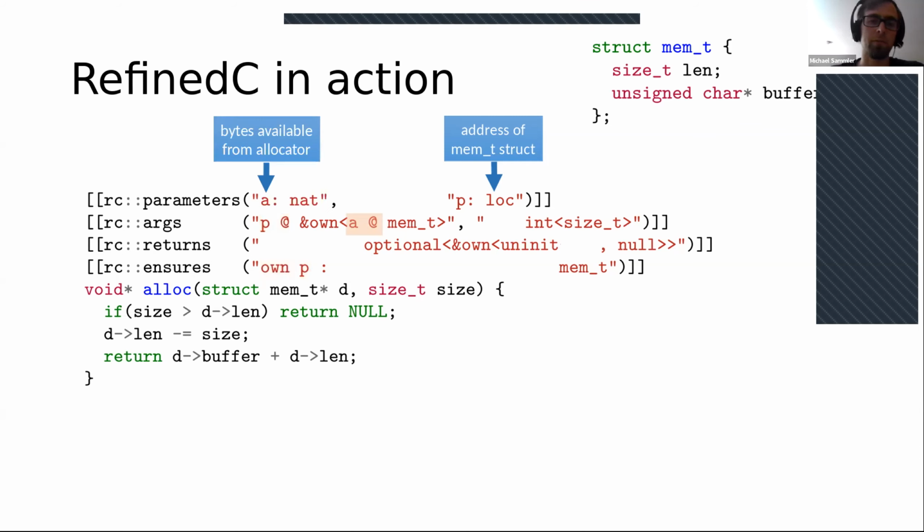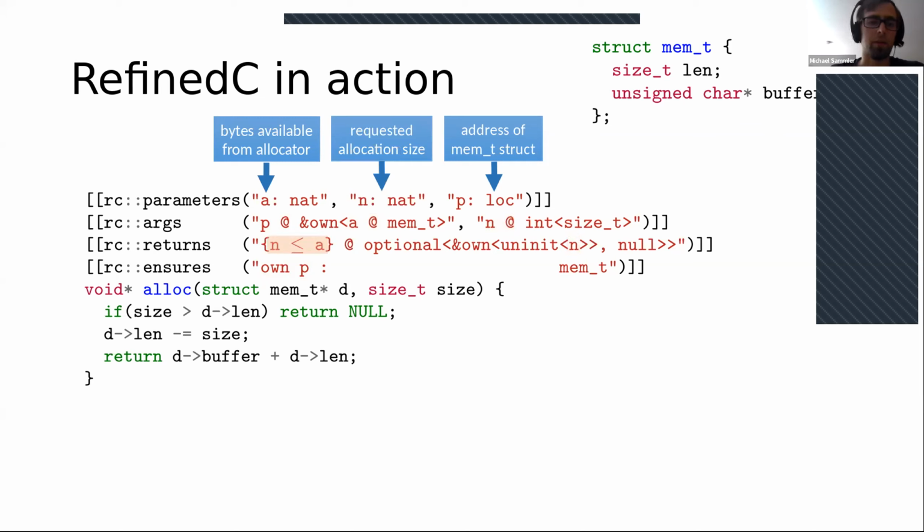Now we can also do functional correctness verification, where we first introduce a few more parameters, like this parameter a, which says how many bytes are available from the allocator, and we can use that as the refinement of this memT structure. We can also introduce a parameter for the allocation size.